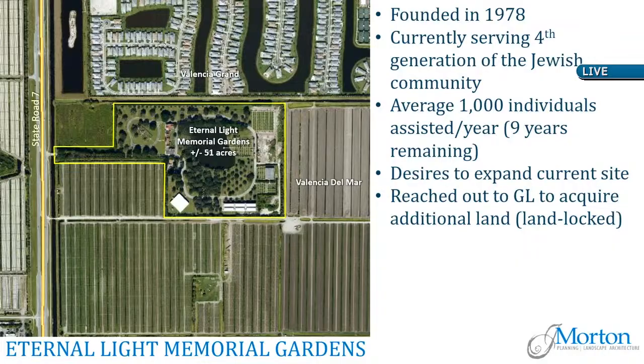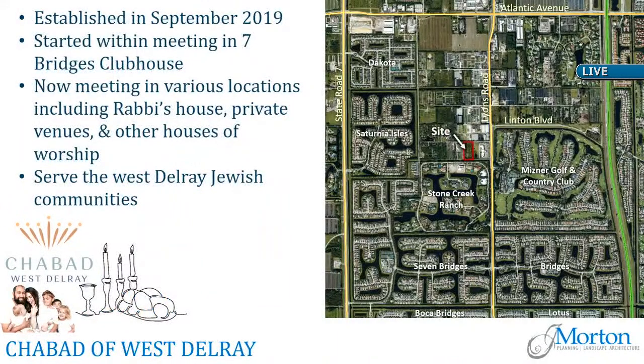Our other client, next slide, is the Chabad of West Delray. The Chabad of West Delray has grown significantly since its inception in 2019. It started out by renting a clubhouse at 7 Bridges, but now meets in homes, temporary venues, and rented facilities. They serve a portion of the West Delray community and are continuing to grow.